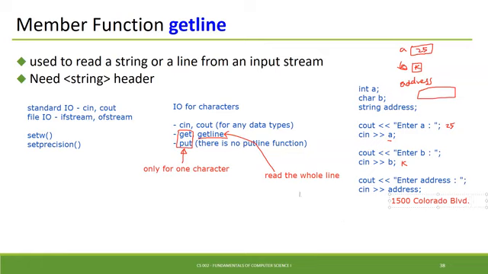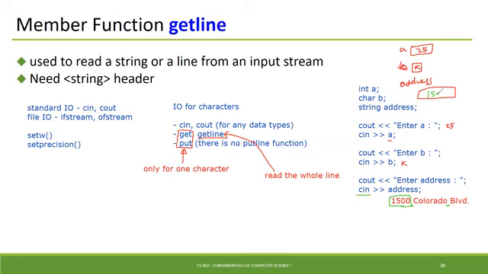Then in this case, cin will take only one word, not character, I'm sorry. One word means there is a space, right? So there are 3 words in this line. cin will take only one word, so only 1500 will be here.